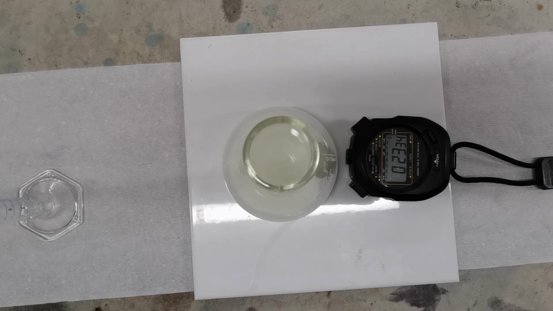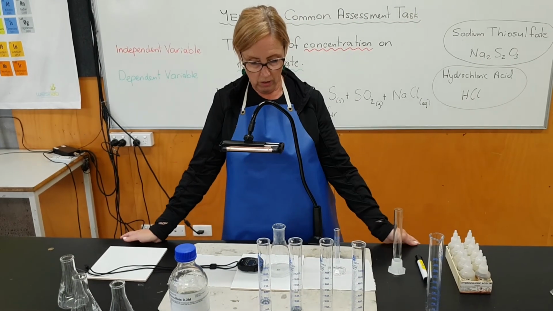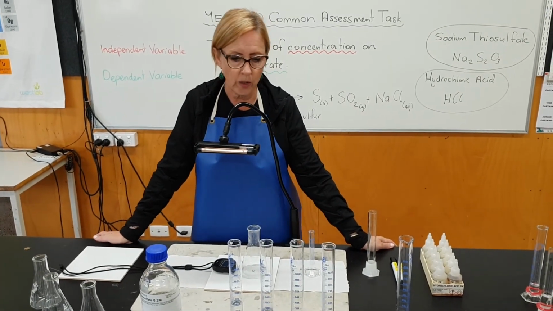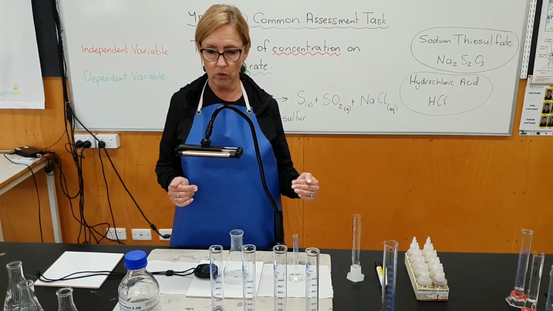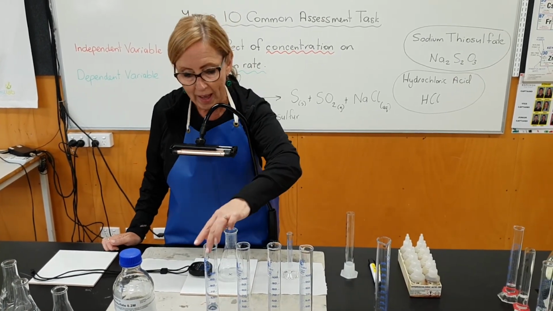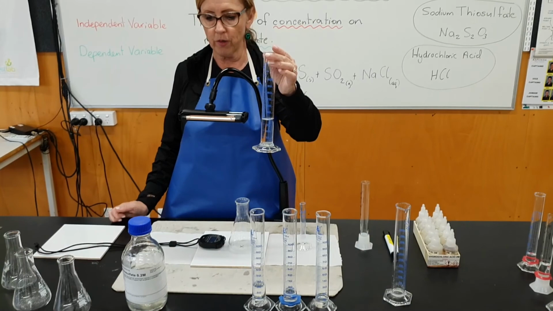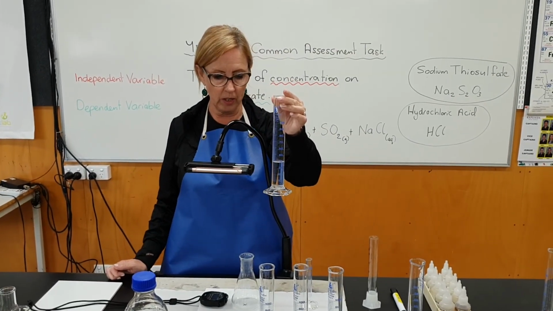In a moment we're going to go on and gradually dilute the solutions, and we'll see what difference we can see in reaction rate time. Okay, so we've done our first measurement, so now we're going to go on with gradually diluting the concentration of the thiosulfate. We have 40 mils of thiosulfate measured out in a measuring cylinder here.